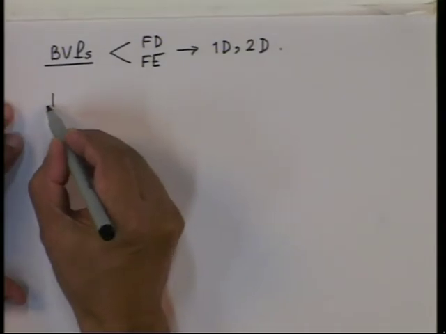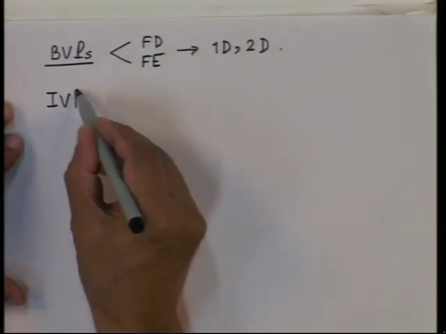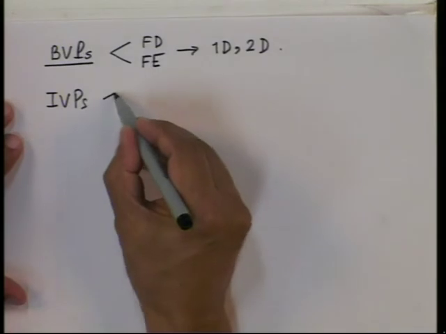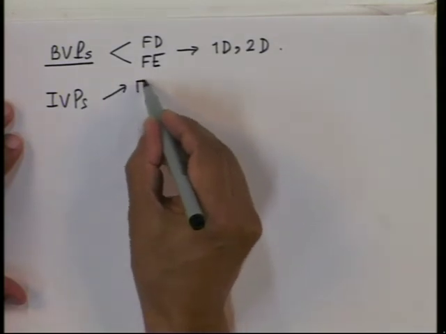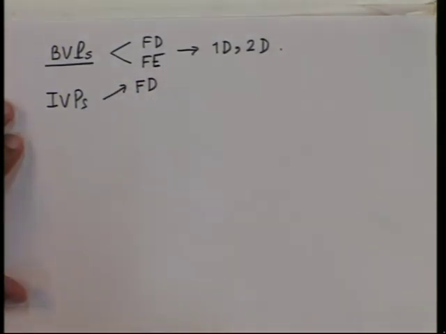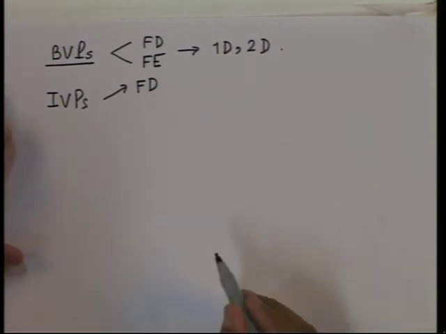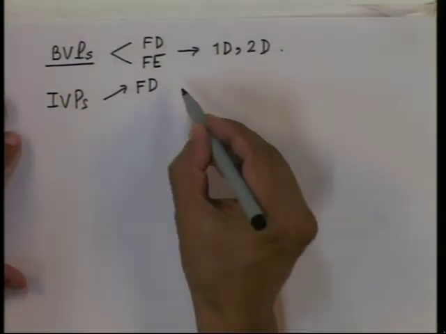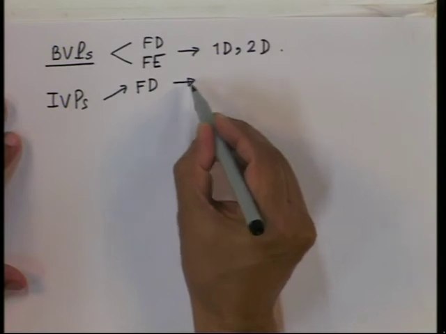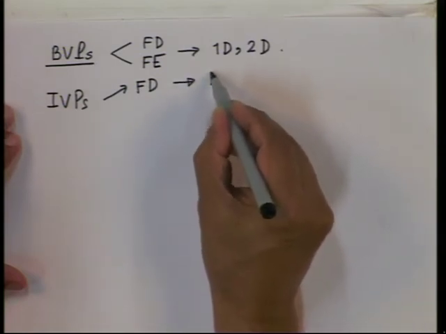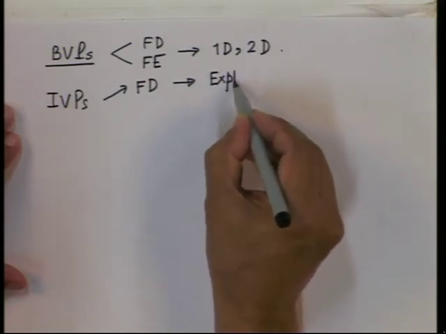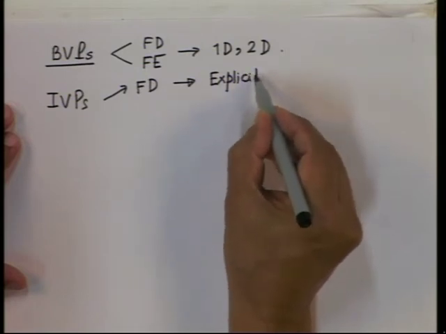Then for initial value problems, we have already done finite difference, and we have learnt about explicit methods.